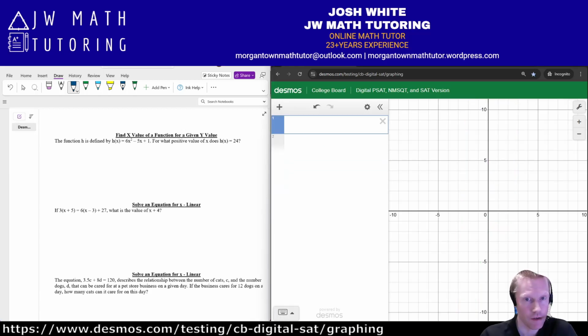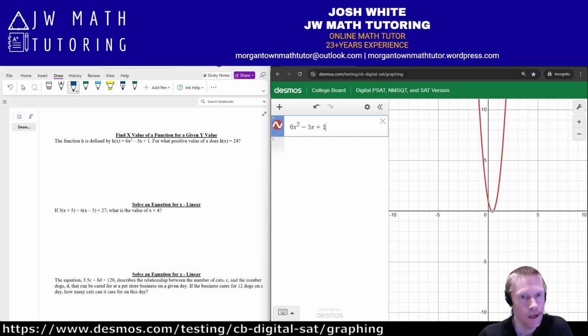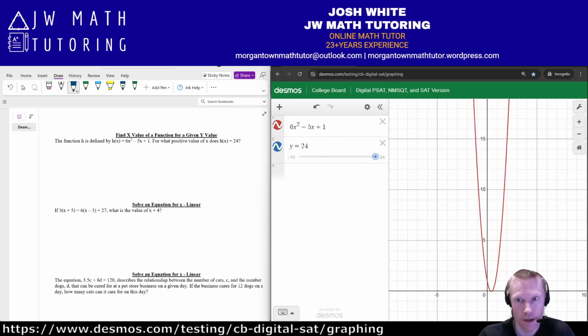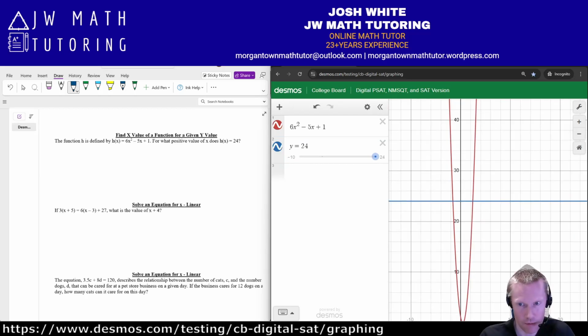Okay, here you have a given function. 6x squared minus 5x plus 1. And the question says, for what positive value of x does this function equal 24? So all I have to do is go y equals 24, and then you can zoom out if you want, but scroll up a lot, and notice there are two intersection points. One of them is a negative value.